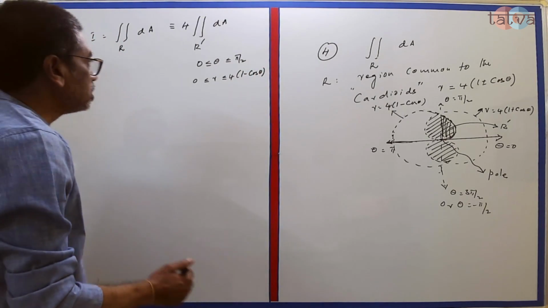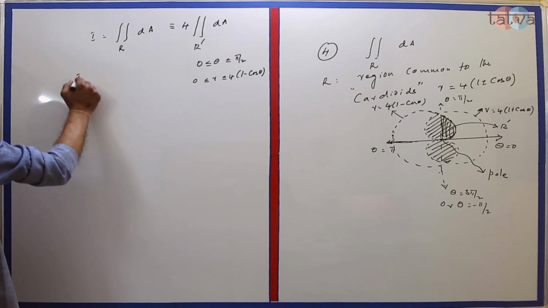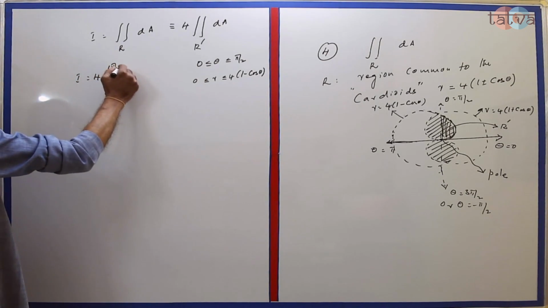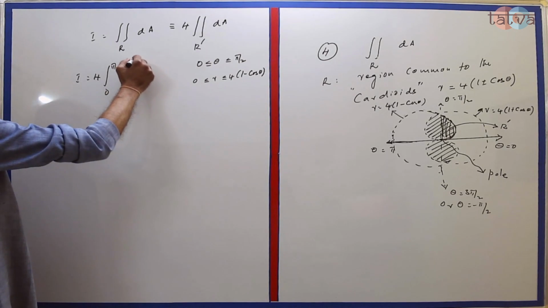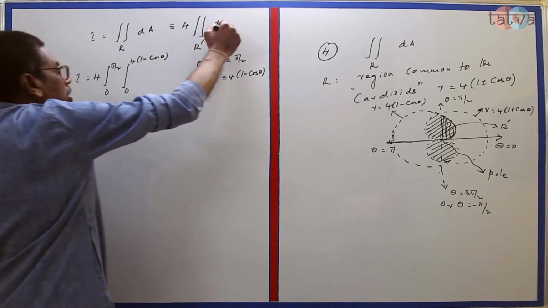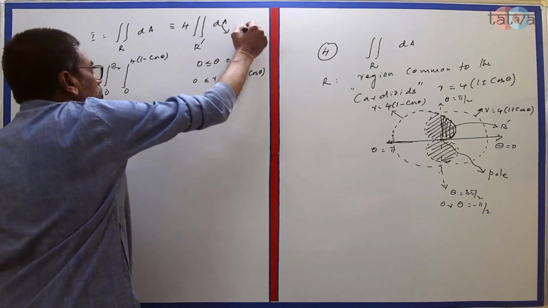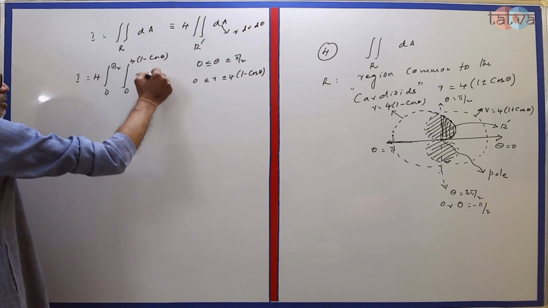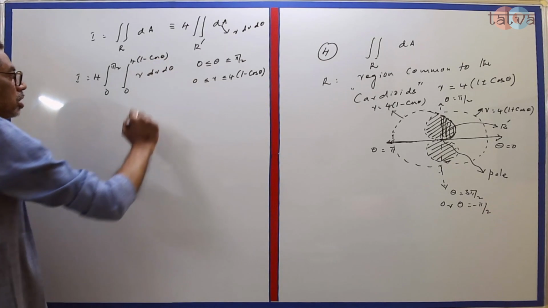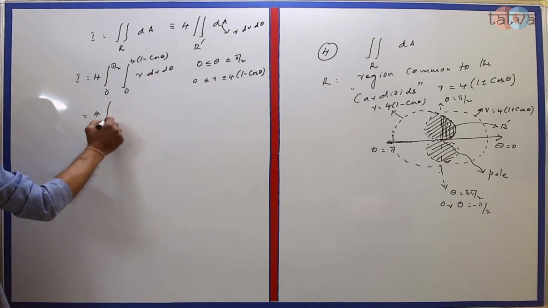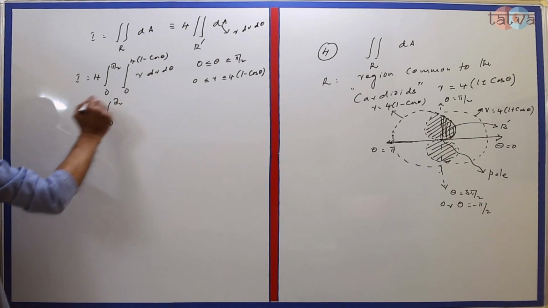The rest is all very simple. Fix your limits: 0 to pi by 2, 0 to 4 times 1 minus cos theta. This dA will be replaced with r dr d theta. And the rest is all straightforward. So 4 times integral 0 to pi by 2.